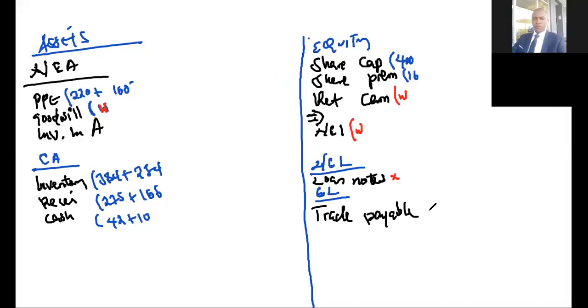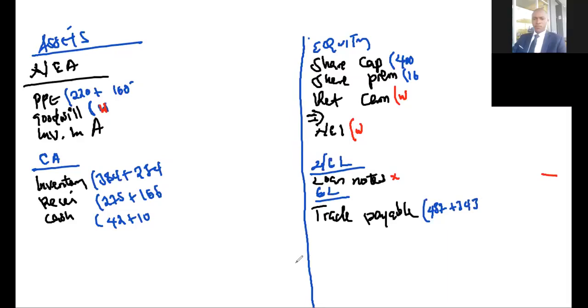Payables, what do we have on payables? 457 plus 343. Leave it open, either plus or minus something is going to come. So before you go to any note whatsoever, the first thing you do is get the free marks.